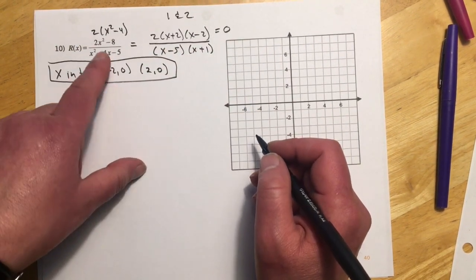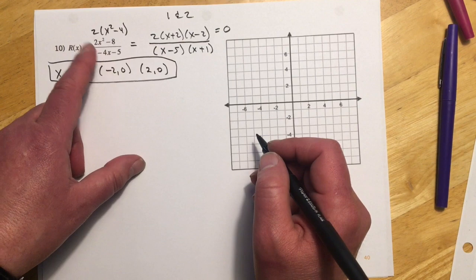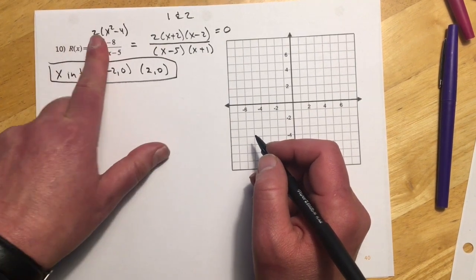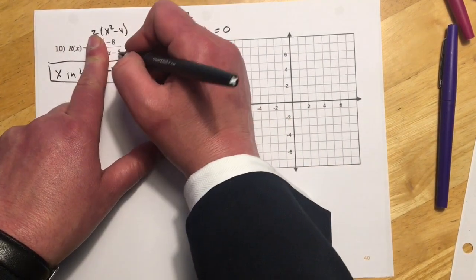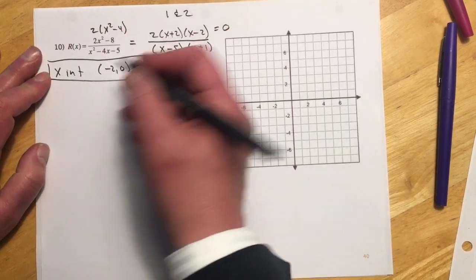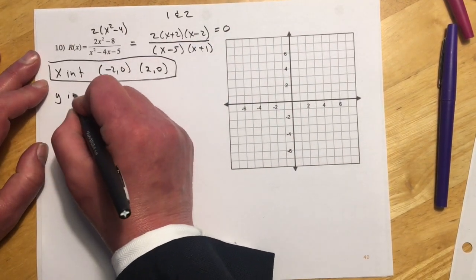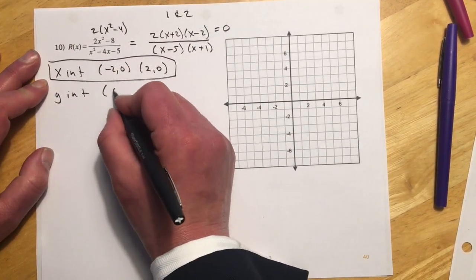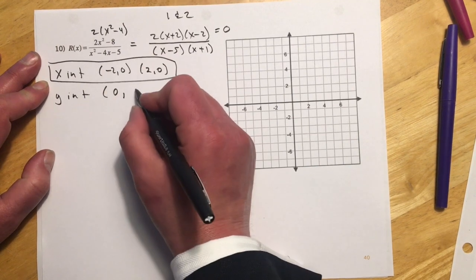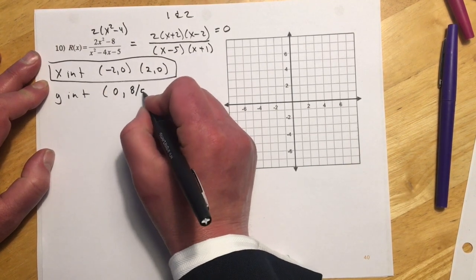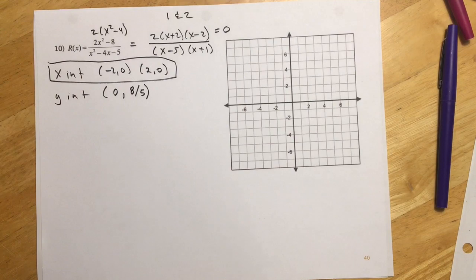My y-intercept is easier to see from the non-factored version because I can just cover up all the x's because they're all zeros, and it leaves me negative 8 over negative 5, so that's positive. So y-intercept is going to be at x is 0 and y is 8/5.